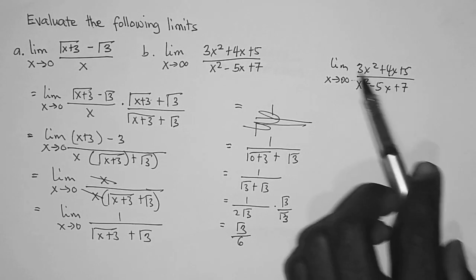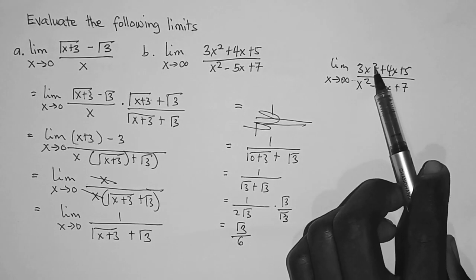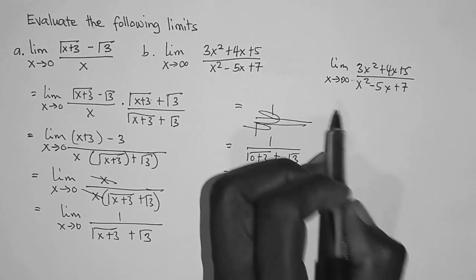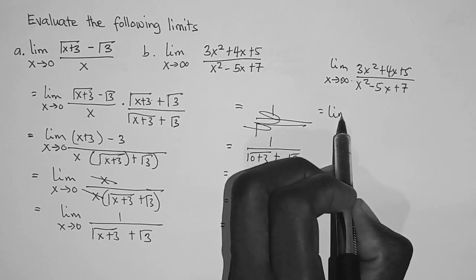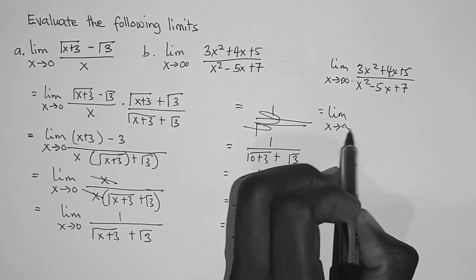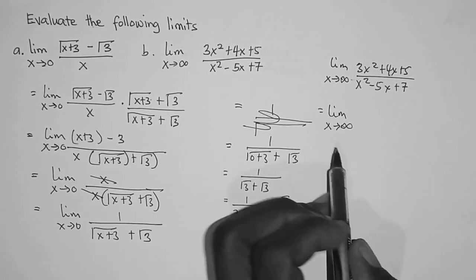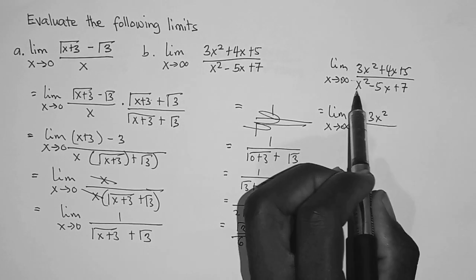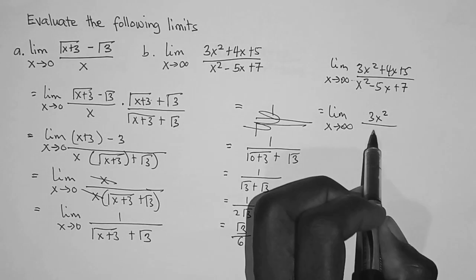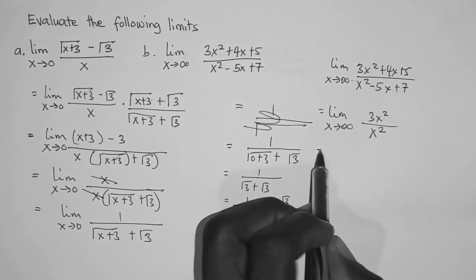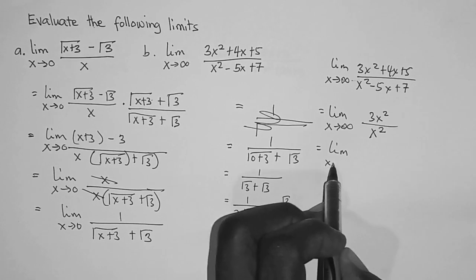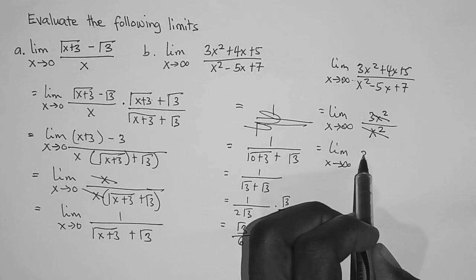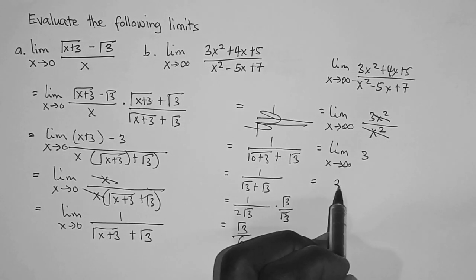So in the case where the highest power of the numerator is greater than or equal to the highest power of the denominator, what we can do is that this is equal to the limit as x approaches infinity, and you take the highest power of the numerator, which is 3x squared, divided by the highest power of the denominator, which is x squared. So this is equal to the limit as x approaches infinity, and this can cancel out. This is equal to 3.